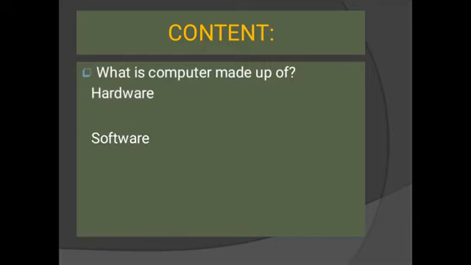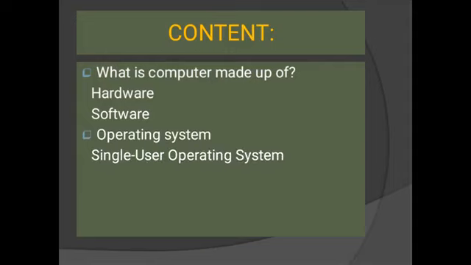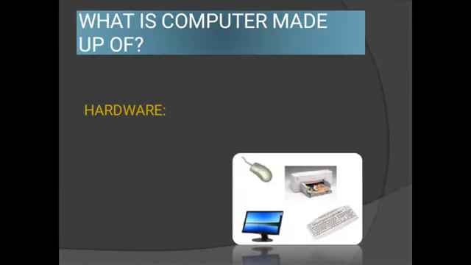Hardware and software. Operating system, single user operating system, and multi-user operating system. First of all, what is a computer made up of? A computer is made up of hardware and software.